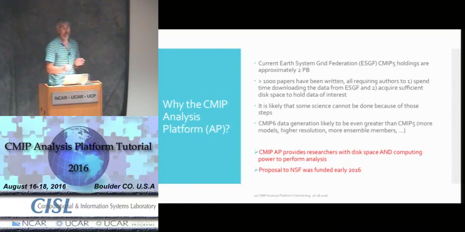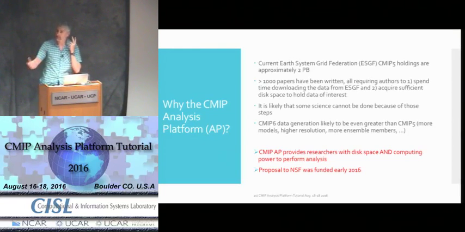I really feel that the next step is that there are questions that we should try to answer. And this is basically why the CMIP analysis platform came up as an idea about a year and a half ago.